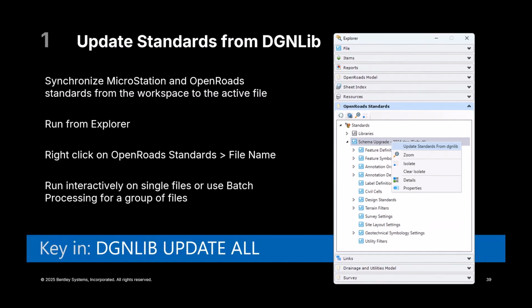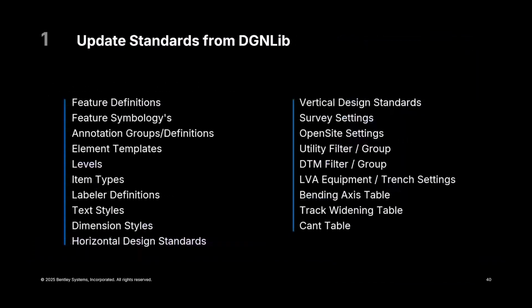Now that includes everything that could be impacted in the file, not just the civil specific stuff. So it's going to start there with, say, your feature definitions and your feature symbologies, your annotation groups and definitions.